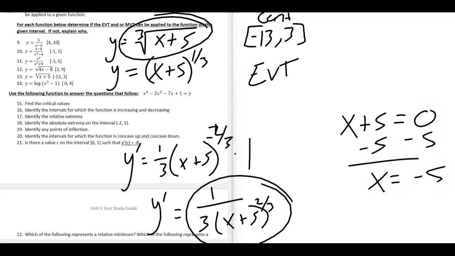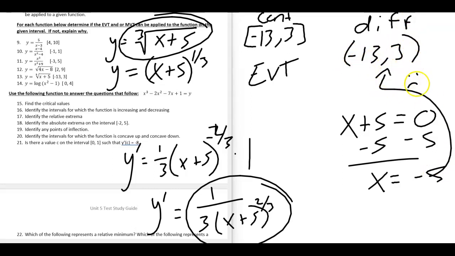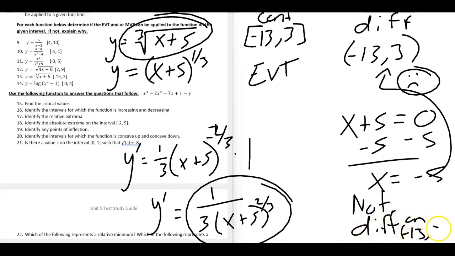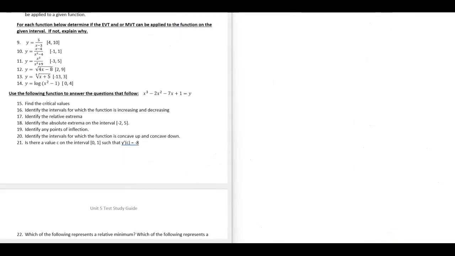So now, is -5 on the open interval from -13 to 3? It is. So this function is not differentiable on the interval -13 to 3.